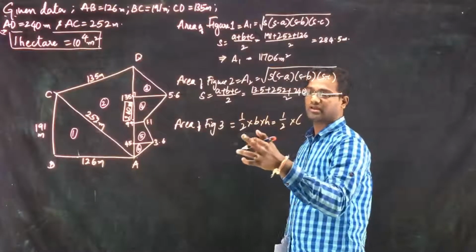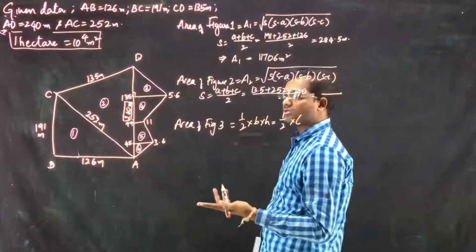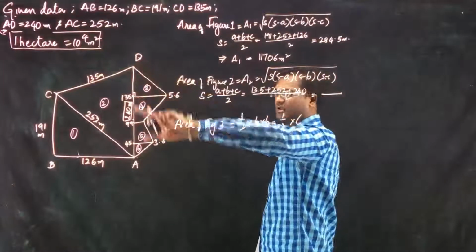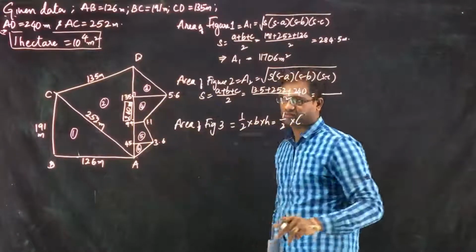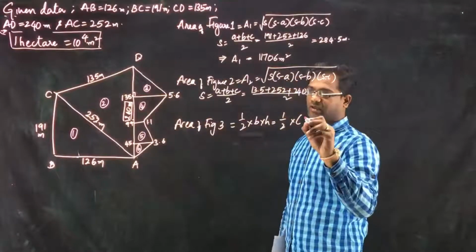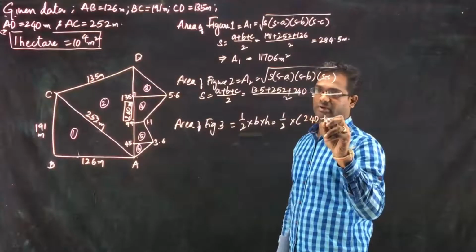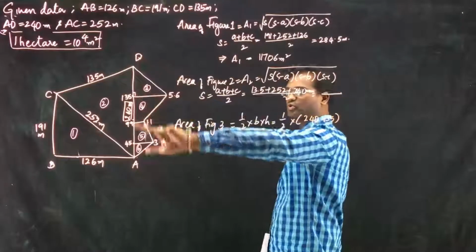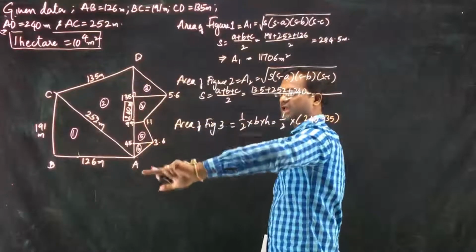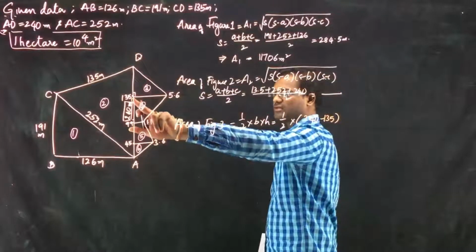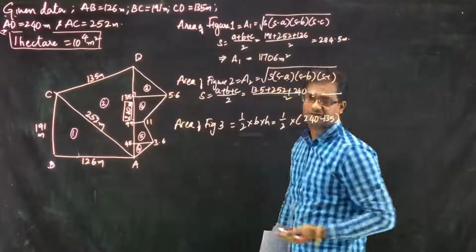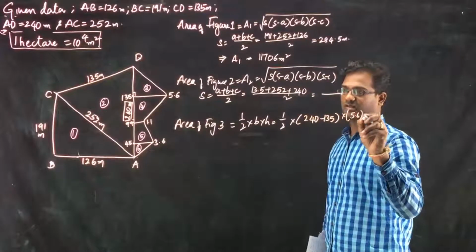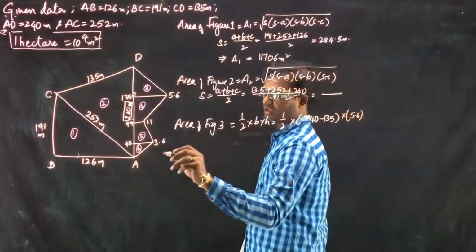From here to here is 240, and from here to here is 135. So the balance would be 240 minus 135. I repeat, from AD total is 240 meters, and from here to here is 135. So the balance would be 240 minus 135, and multiplied with 5.6, and half of that, you will get the area of figure 3.